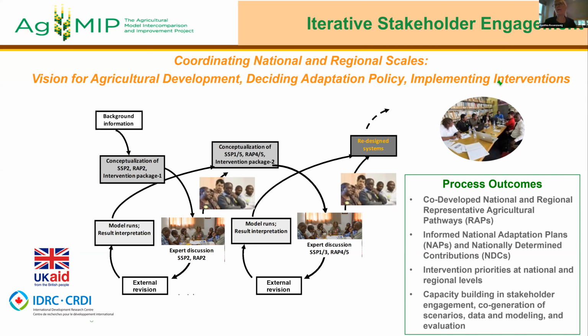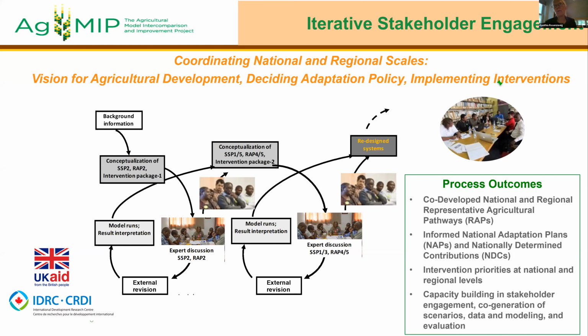Both of those are part of the United Nations Framework Convention on Climate Change and the Paris Agreement responsibilities for each country and for each one of the parties to that convention. And then it helps to determine intervention priorities at national and regional levels and the coordination of those two scales.